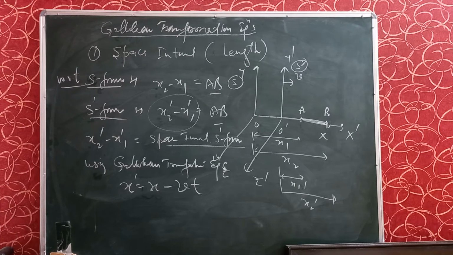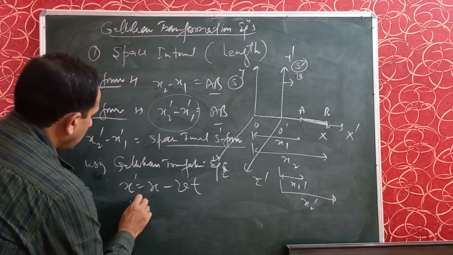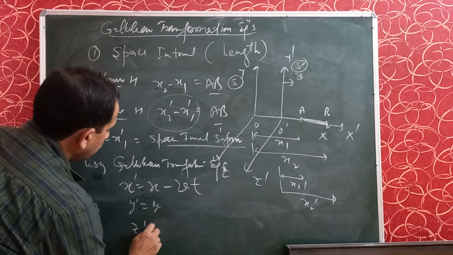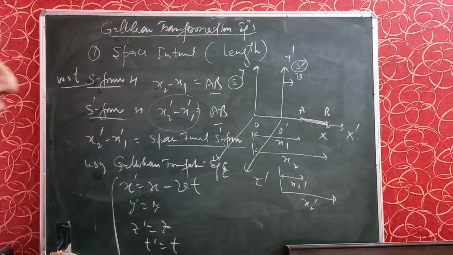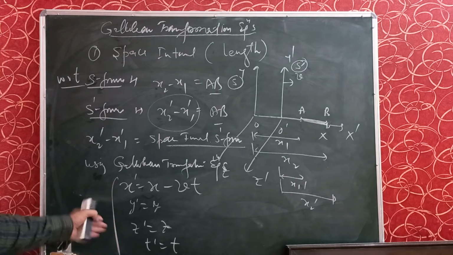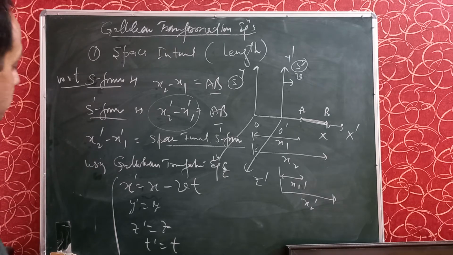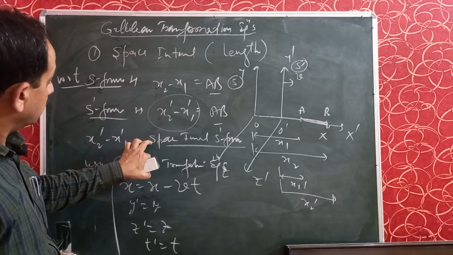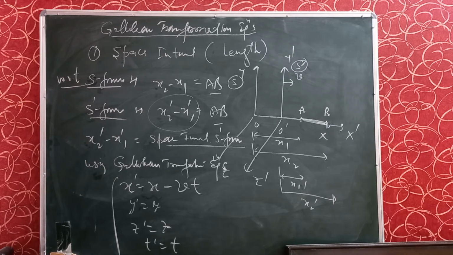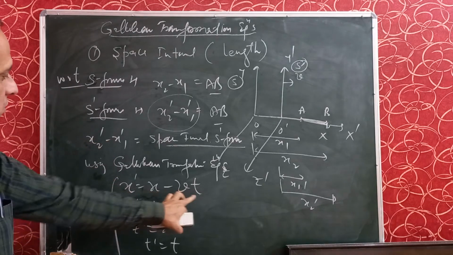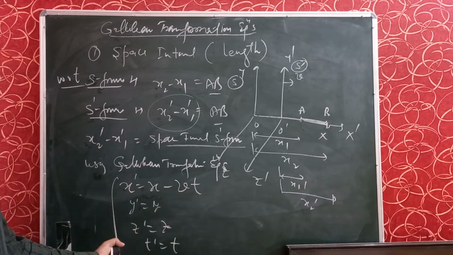So I am applying the direct equation, or y dash is y, z dash is z, and t dash is equal to t. This is a set of 4 equations or Galilean equations. So we will apply these equations for solving this article. Now in this article, there is only x parameter. So we will apply the first x equation. Y, z and t are absent in this article.